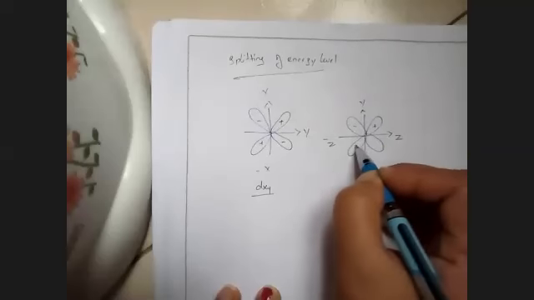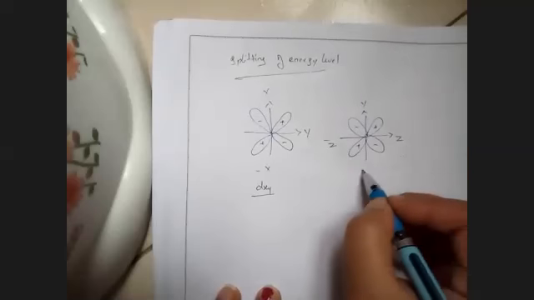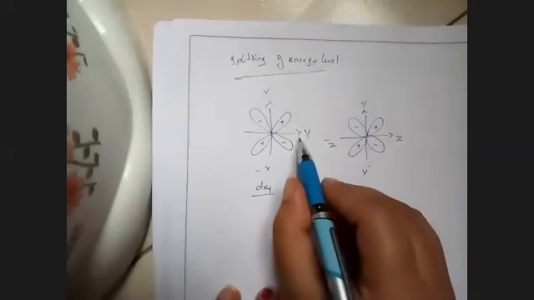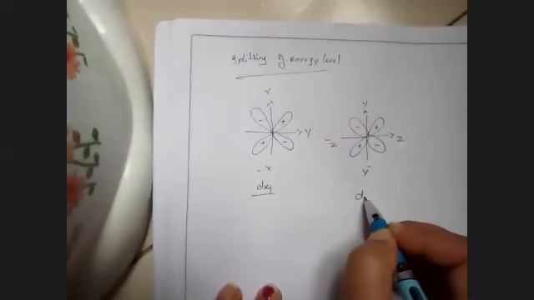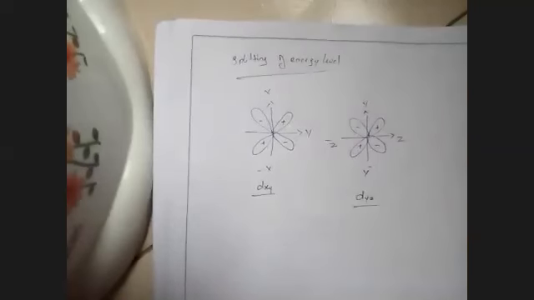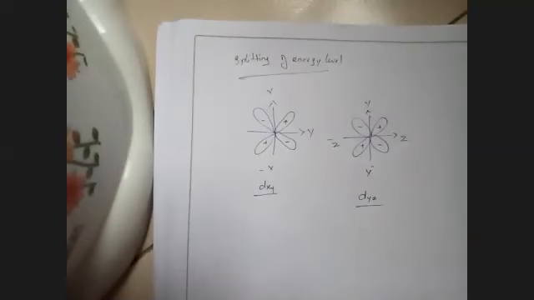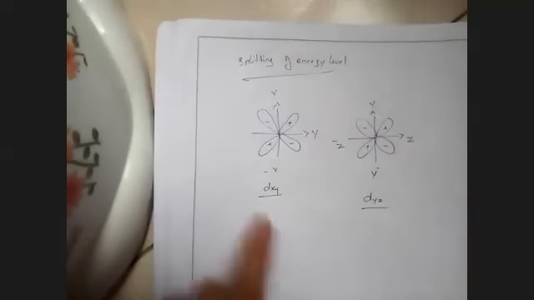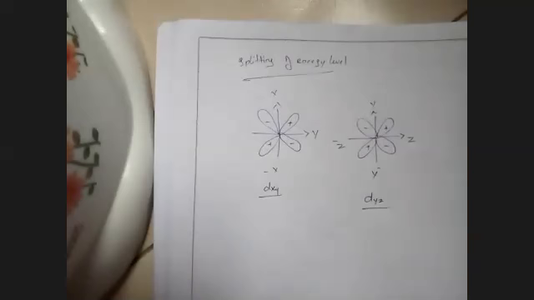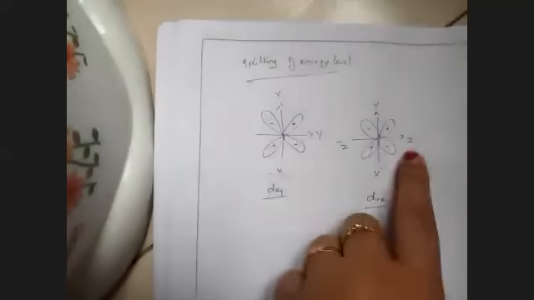You are also same opposite. You can ask me, ma'am, you have written this is y and this one is x. Because based on the subshell, that is called orientation. Based on the orientation of the axis, we are going to name whether it is x and y or y and z, like that.